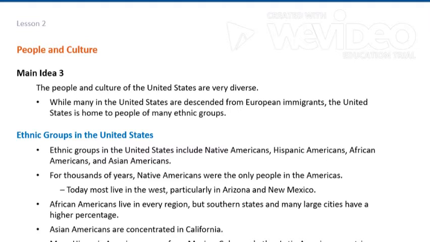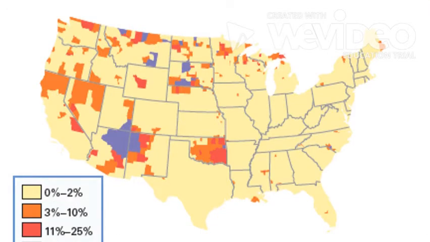Today, these indigenous people have certain rights of sovereignty and self-government to recognize that they were here long before the first European settlers arrived. Most Native Americans now live in the western United States, including Arizona, Oklahoma, and New Mexico.